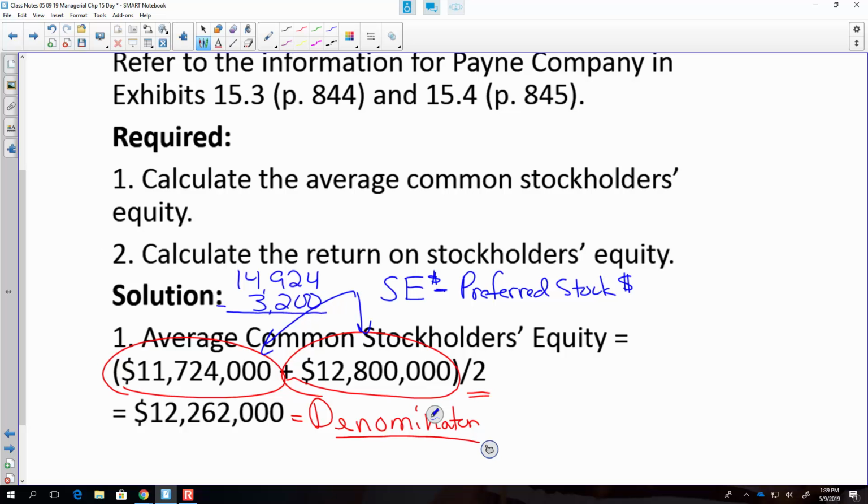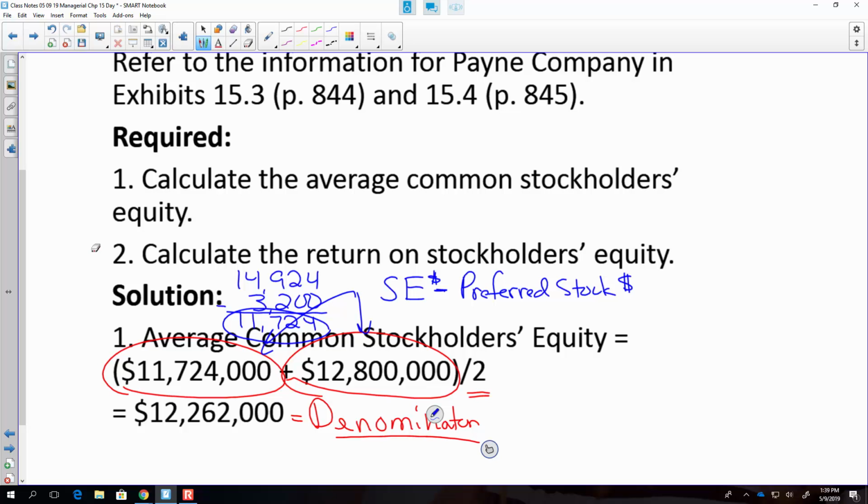And the reason, again, is that we want to be sure that we are looking just at the common shareholder amount. What do they have available to them as part of their investment, right? So that's how they're getting 11,724,000. You'll have to do this also on your problem, to subtract off the preferred stock from the total stockholders' equity amount.